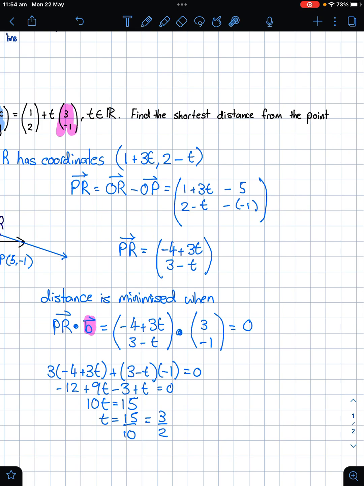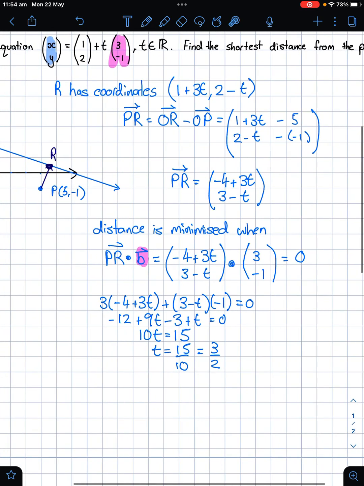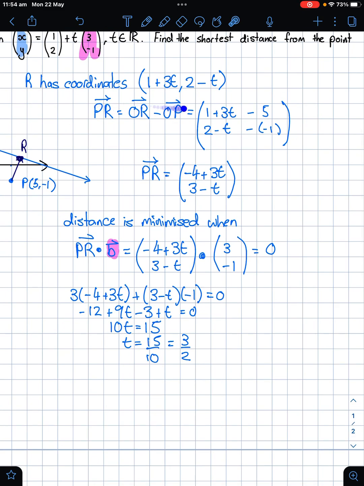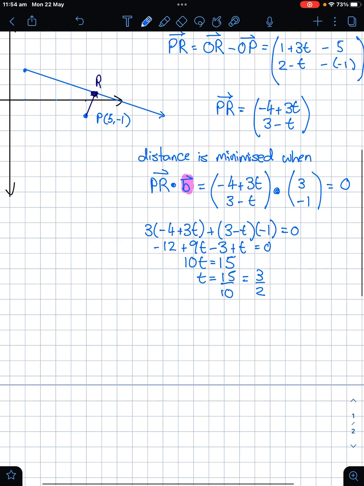So now we go back up to this function here, which will give us our point, which if we wanted to, we can count this as the vector P. Actually, no, we don't need to do that. We're looking at PR, what this vector here is, the length between them. So let's sub that in.